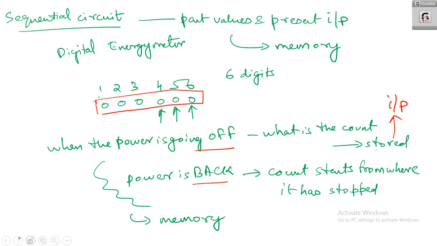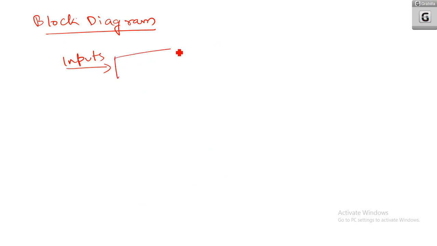Now if you are drawing a basic block diagram of a sequential circuit, it has inputs and some combinational circuit inside it. From that combinational circuit, outputs are coming.